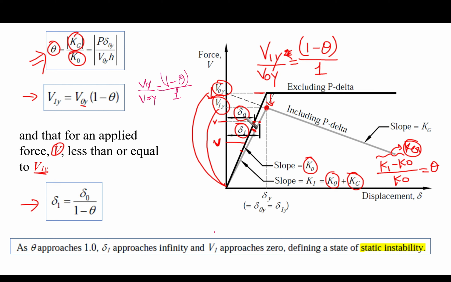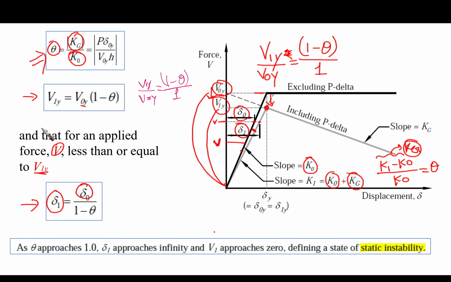What is the ratio between the two? It is also going to be related to 1 over theta. It is the horizontal. If we talk about the triangle similarities here, we're going to find that delta 1, as you can see, is larger than delta node. So it equals delta node over 1 minus theta.